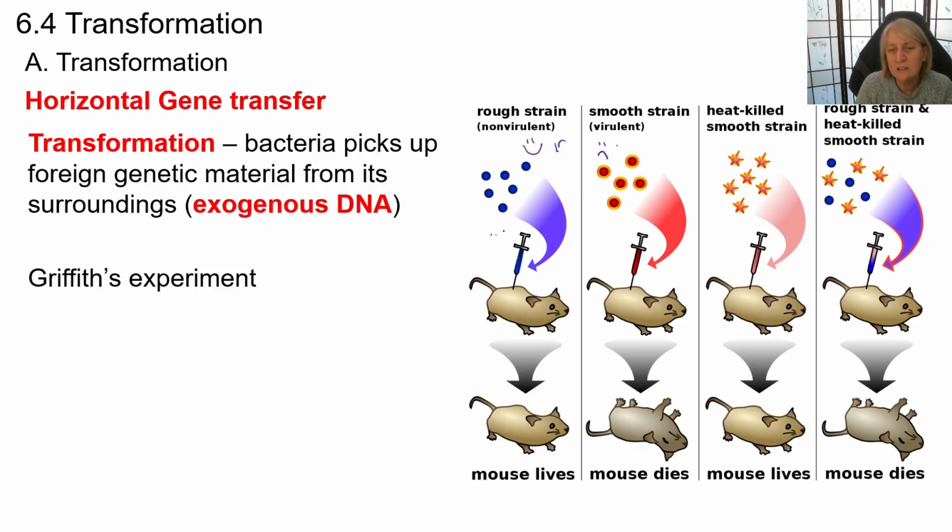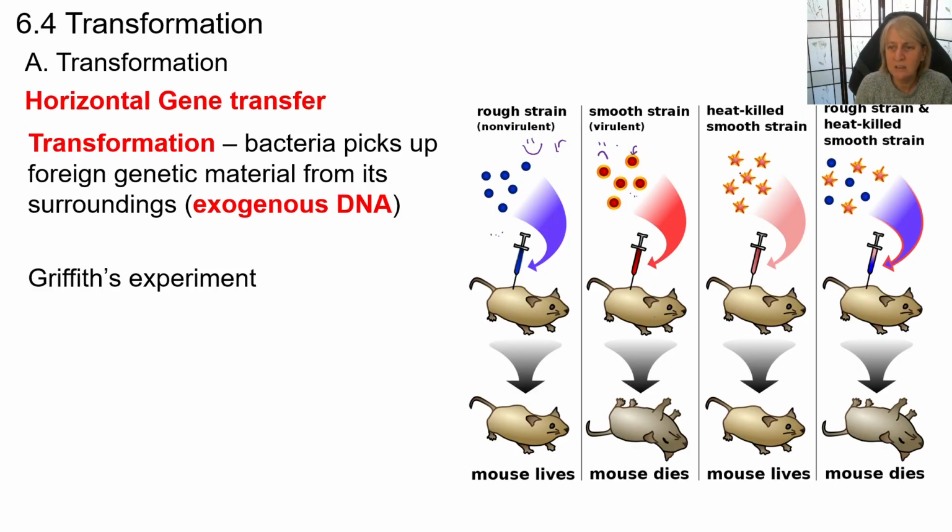When Griffith injects the rough strain bacteria into the mouse, the mouse lives, right? This is not mouse-killing bacteria. This is not surprising. When Griffith injects this smooth strain that kills mice into a mouse, the mouse dies. Also not a surprise. If you put mouse-killing bacteria in a mouse, it dies. When Griffith denatured the bacteria, he killed it in heat, and he destroyed this outer coat.